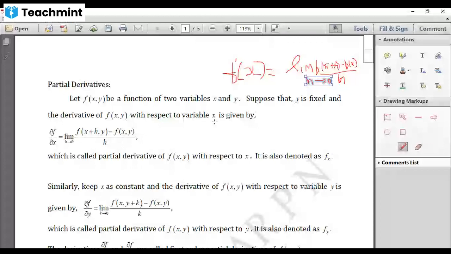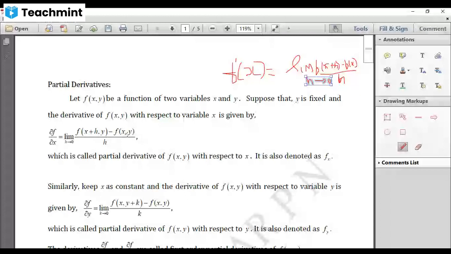Limit as h tends to 0, f of x plus h, comma y, minus f of x comma y. Remember, your y is constant. That's why it is remaining same. Only x is changing. That's why f of x plus h comma y minus f of x, y divided by h.